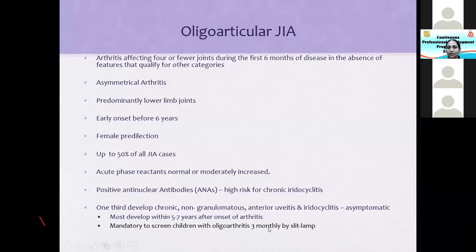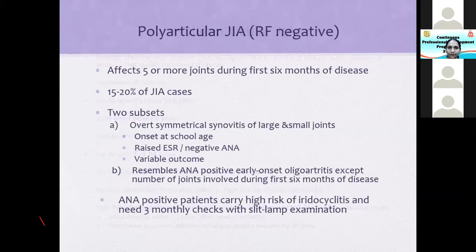So it's not just once. If you have established disease, 3 monthly by slit lamp to exclude eye involvement. And remember that these mostly develop within 5 to 7 years after the onset of arthritis.